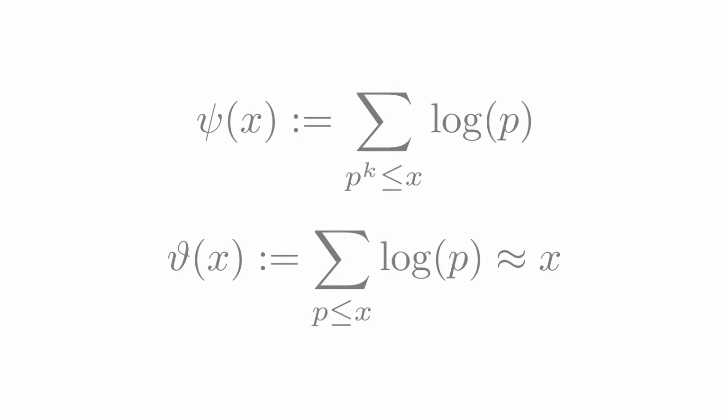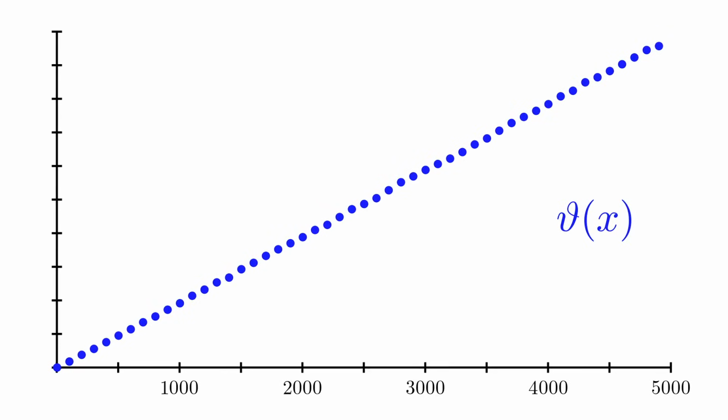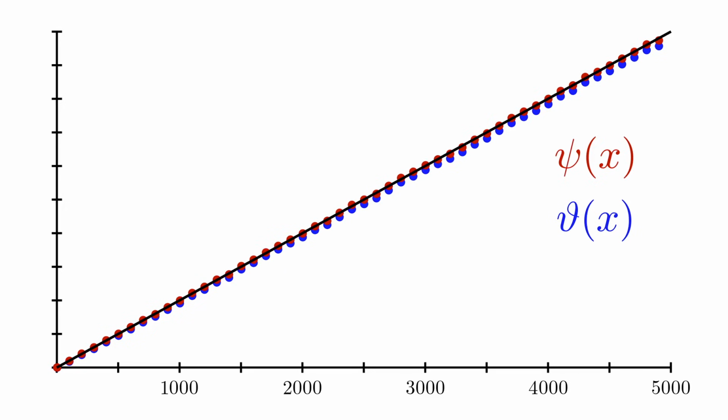Here's a graph that includes theta of x in blue and psi of x in red, where we can see that psi of x is always just a tiny bit bigger than theta of x. Drawing in the graph of x on top of this, we can see that psi of x is actually even better approximated by x than theta of x was.